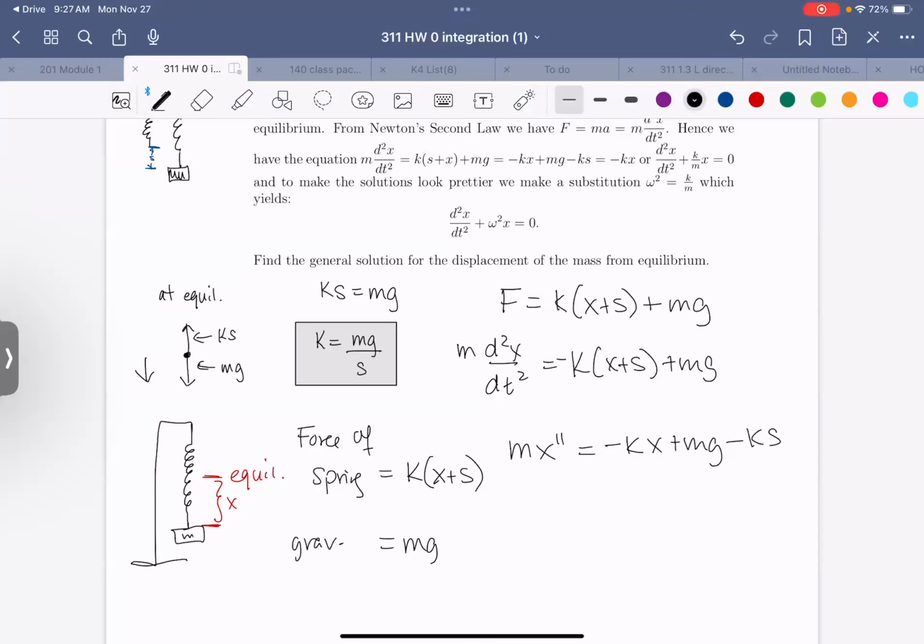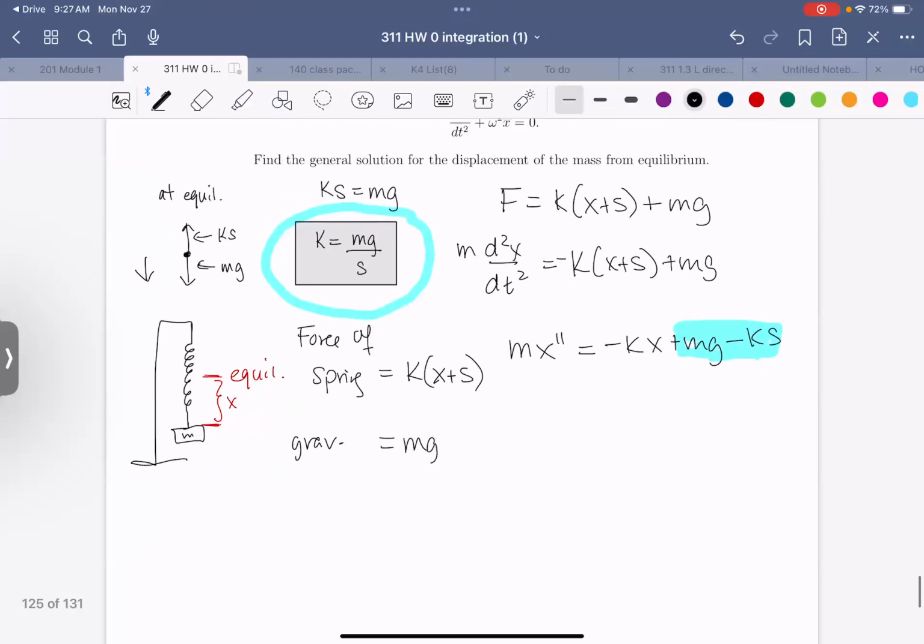But this is just equal to 0 because ks is equal to mg. So those two cancel out. And what happens is we get m x double prime equals negative k times x.